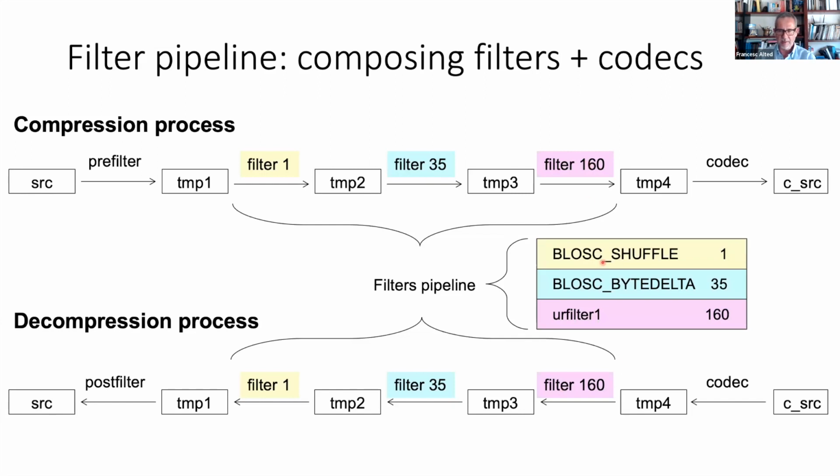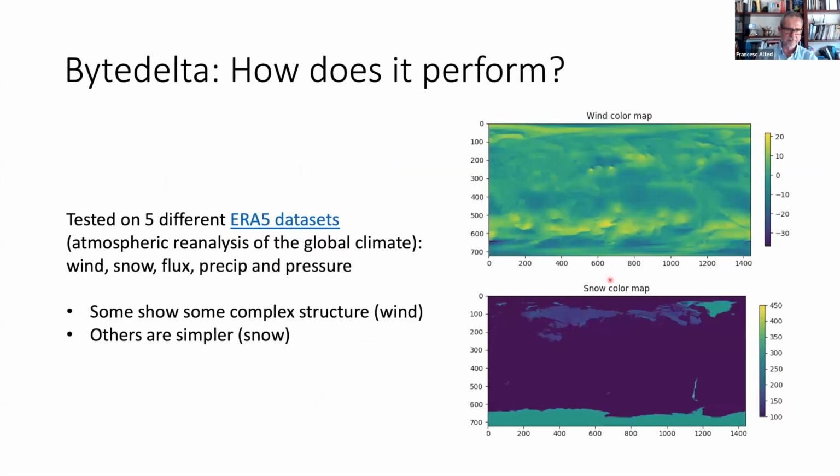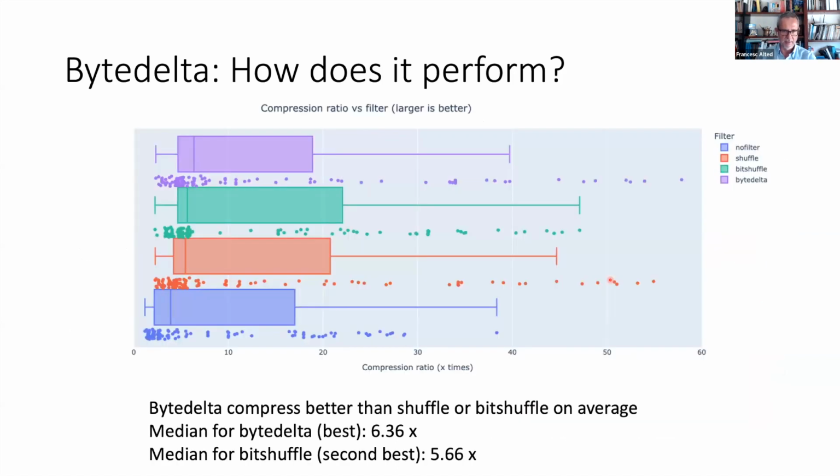But this is just to show you how by delta is working internally, and we tested with ERA5 datasets, which come from atmospheric reanalysis of the global climate. So we tested on 5 different ERA5 datasets: wind, snow, temperature, different datasets, and these are the results.